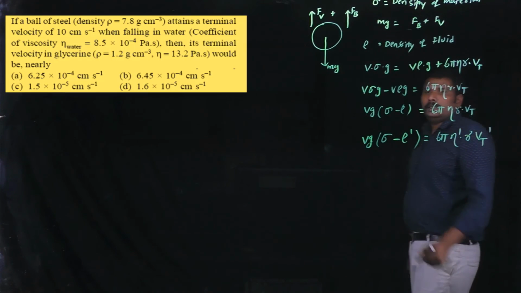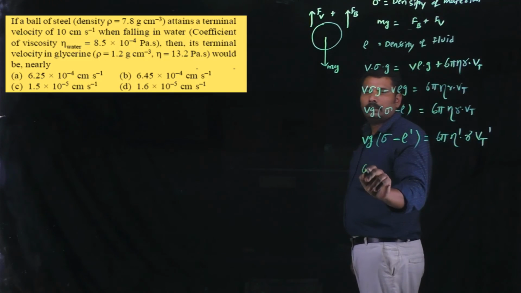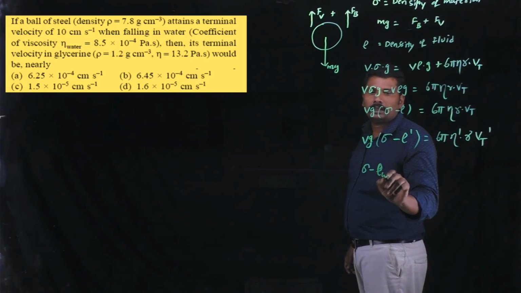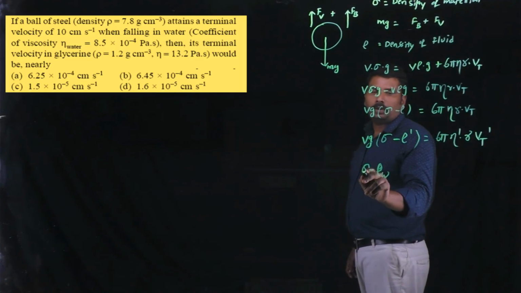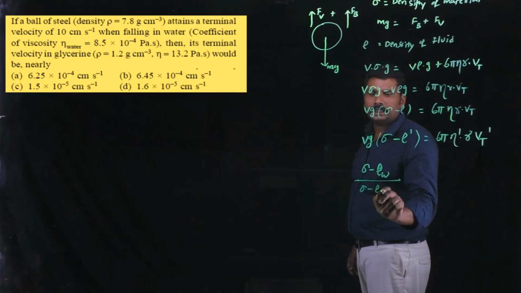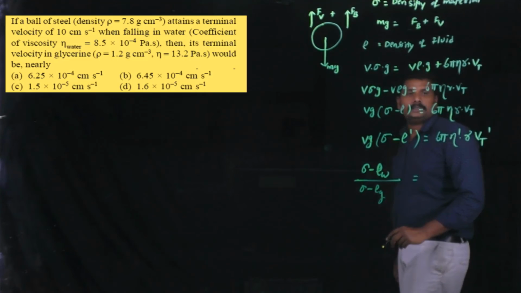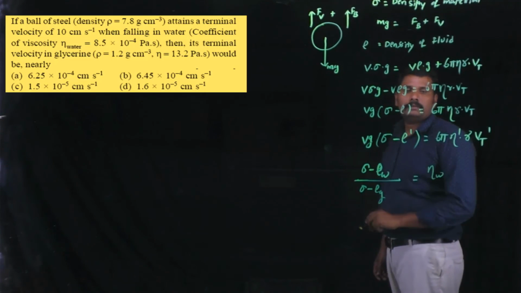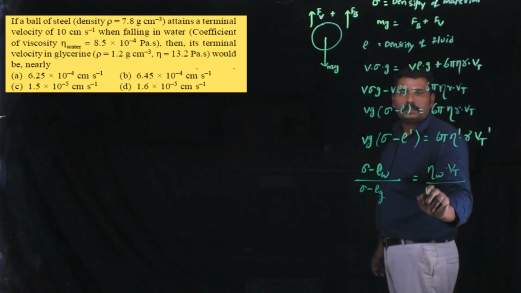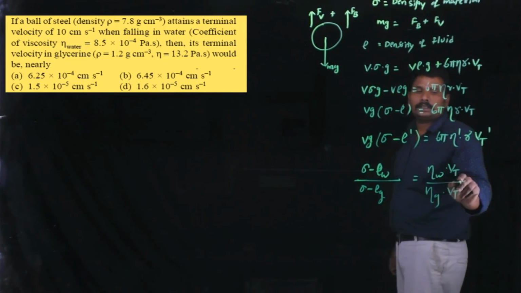Now dividing these two equations by cancelling the common terms, we get (ρ − σ) for the first fluid, water, over (ρ − σ) for glycerin, is equal to, by cancelling the common terms 6πr, the viscosity of water times the terminal velocity in water over the viscosity of glycerin times the terminal velocity of the steel ball in glycerin, which is Vt dash.